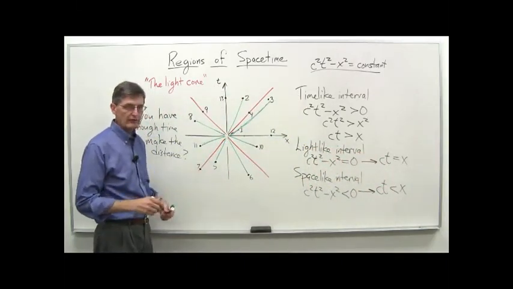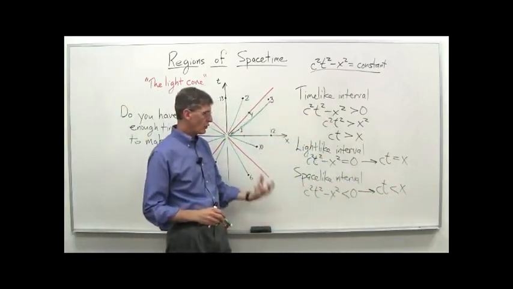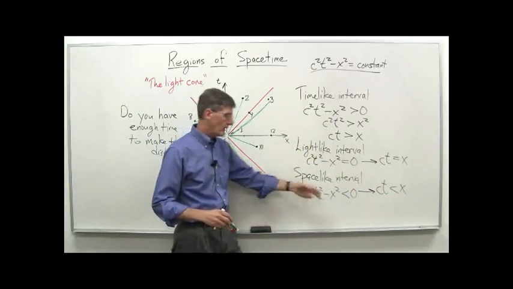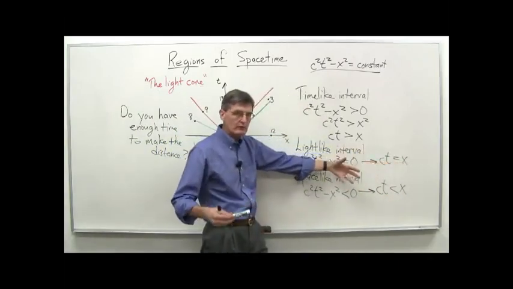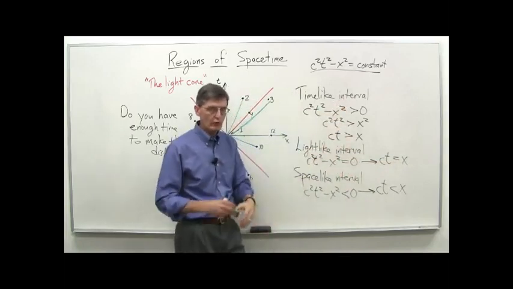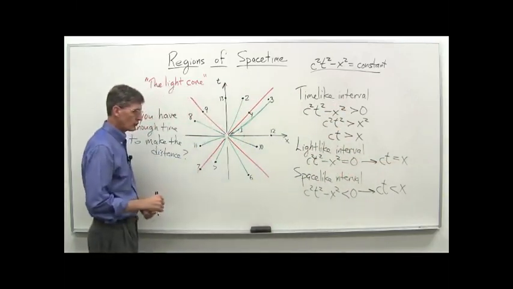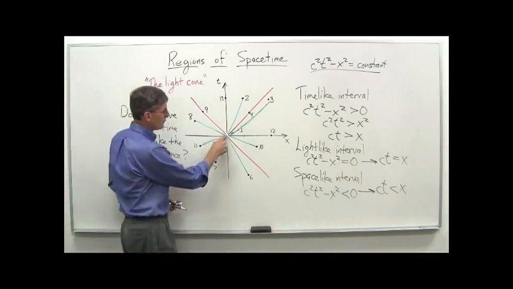And that's called a space-like interval, because the space coordinate there dominates over the time coordinate. Light-like is when space and time coordinates are equal in a sense, and time-like means the time coordinate dominates over the space coordinate. And so a space-like interval would be represented by, like, from 1 to 3 here.